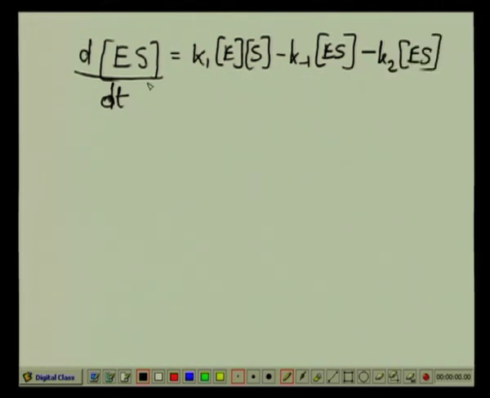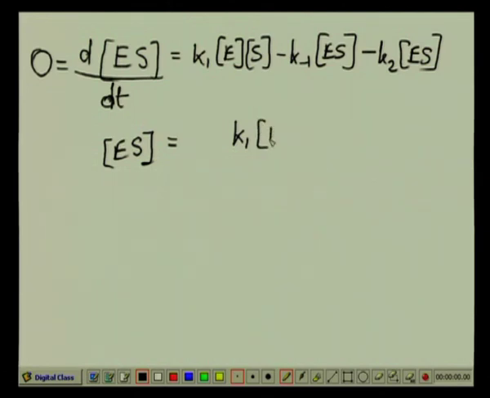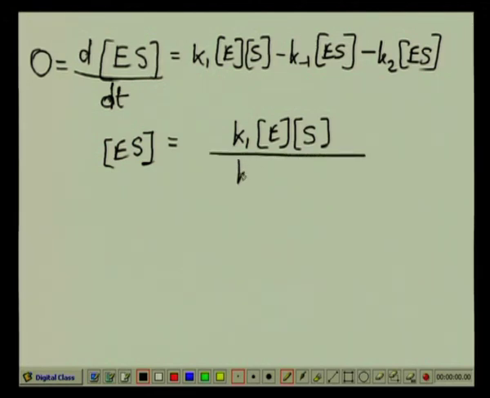What did I do? I equated this to 0. So, I can get a value for ES. What is that? That is going to be K1 E S divided by K minus 1 plus K2, fine. Okay.